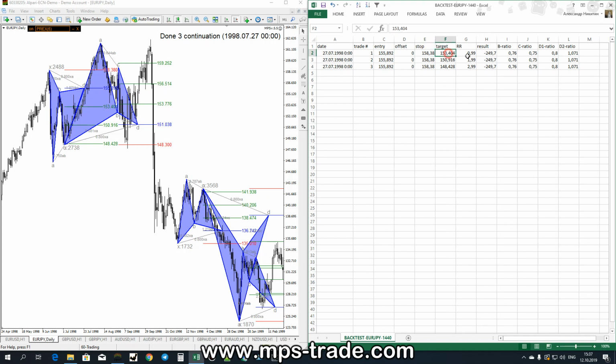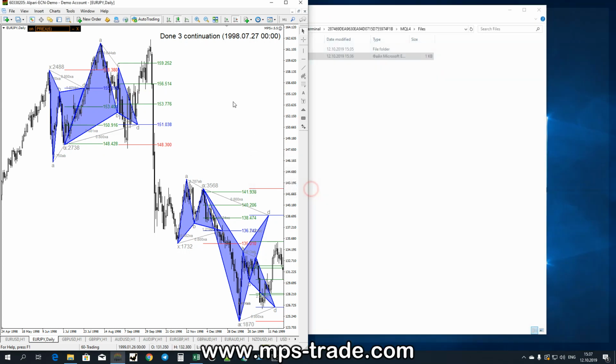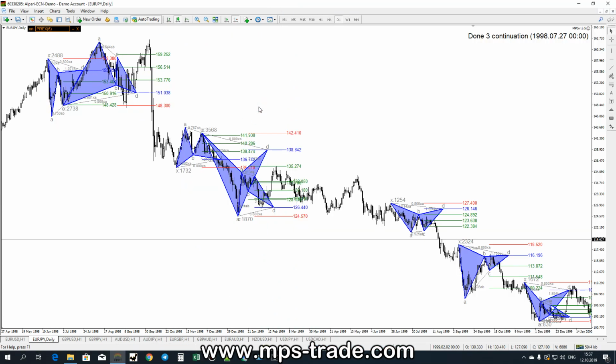Target 1 153.404. Target 2 150.916. And target 3 is 148.428. So you see, backtesting is lightning speed, absolutely fast. Close this, don't save, expand, and let's record other trades.